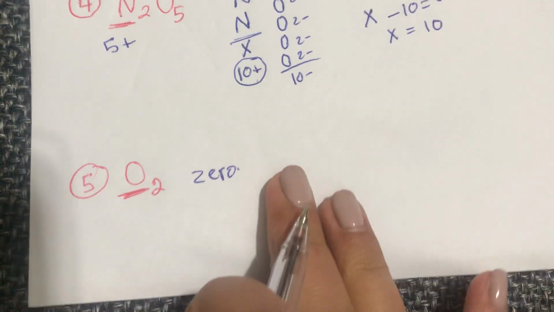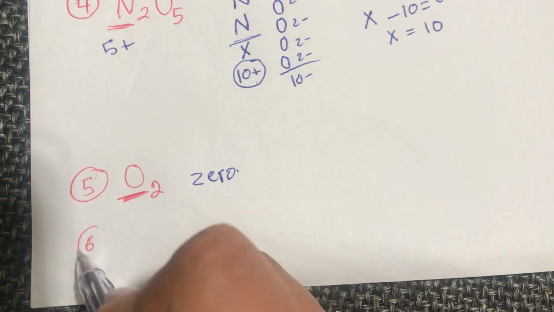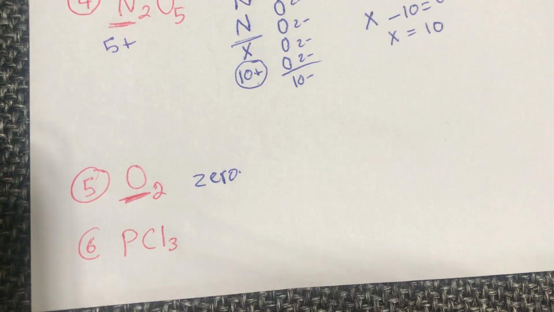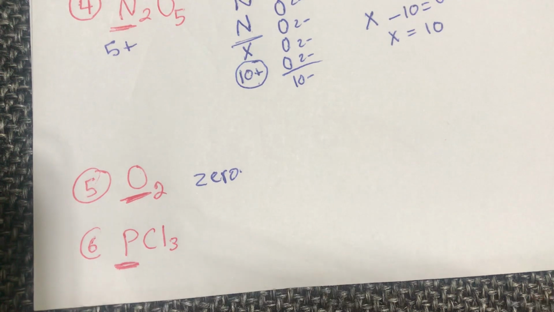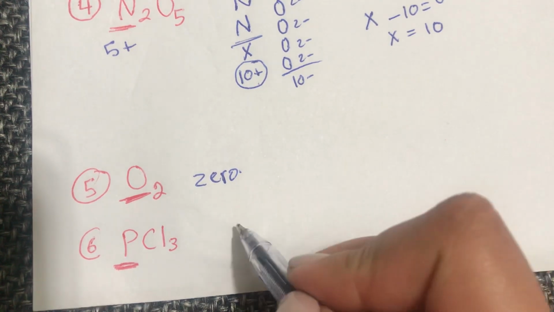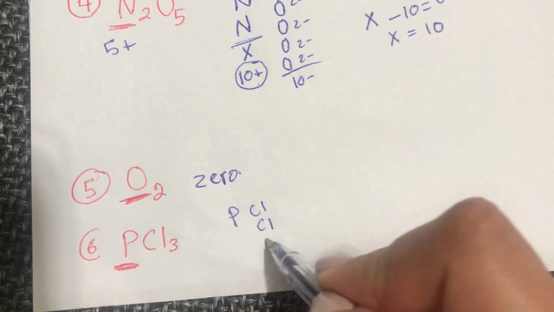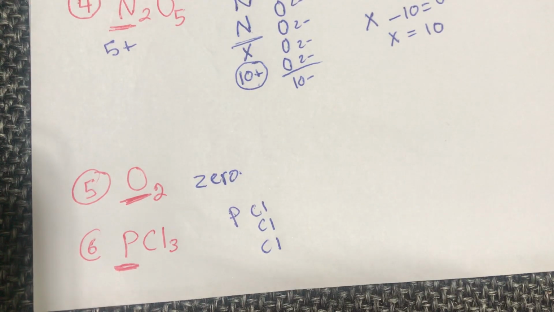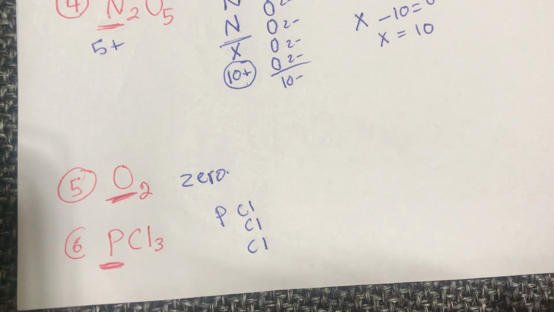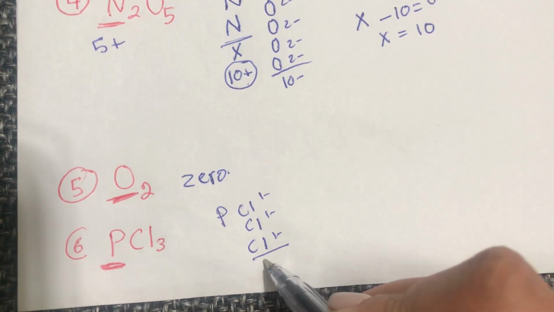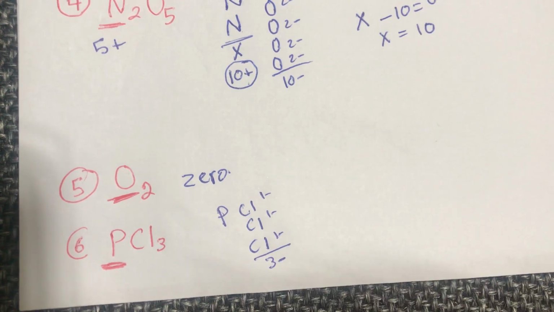Now example 6. PCl3. What is the oxidation number of phosphorus? You have 1 phosphorus atom and 3 chlorine atoms. Cl is in group 7, it carries negative 1, so the total is negative 3.